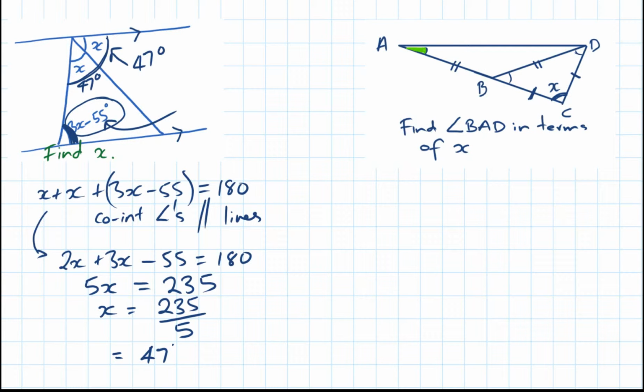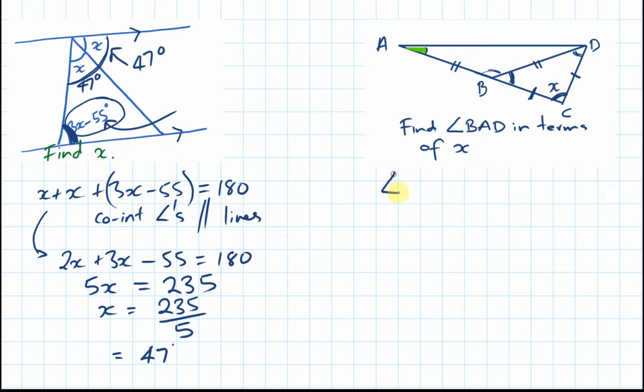If we could at least work out this angle here, then we could work out that angle because we've got angles on a straight line. And I can see that we have another isosceles triangle here, which would mean that we could work out the two base angles and thus work out this angle here from knowing this angle. So let's work out what these two base angles are.